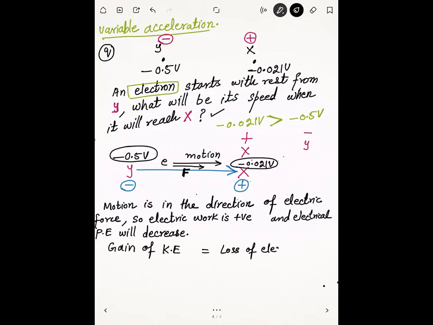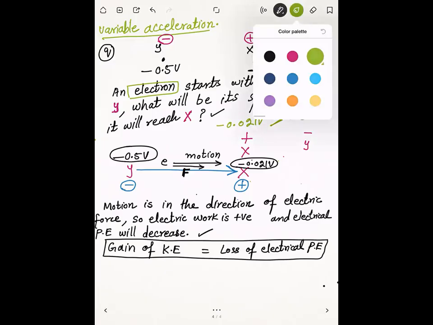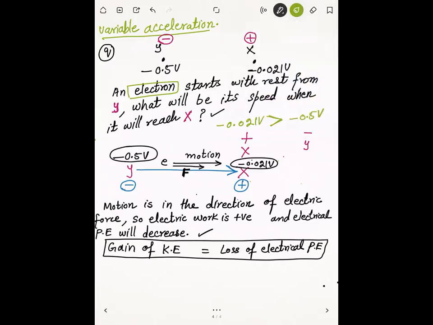electrical PE. Now, whenever you apply conservation of energy, focus on one thing. The equation must have same signs on the two sides. So you should write bigger minus smaller on the two sides. If kinetic energy is gained, then the final will be bigger, 1/2 mv² minus 1/2 mu².